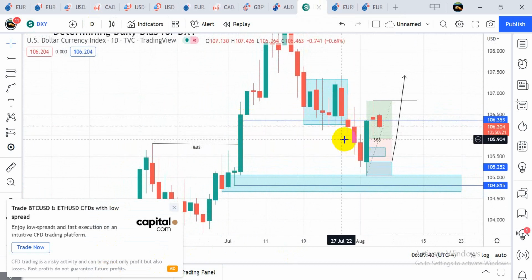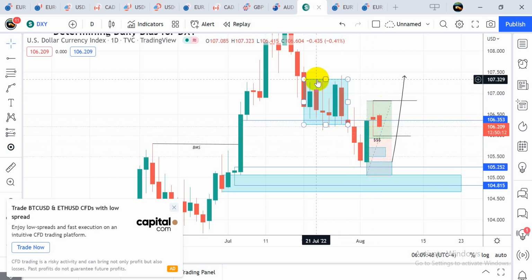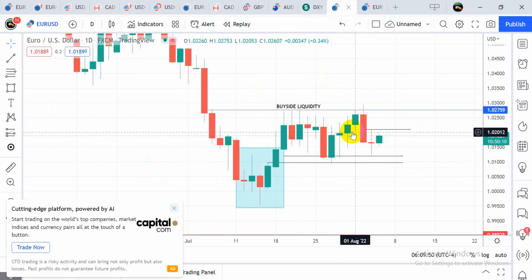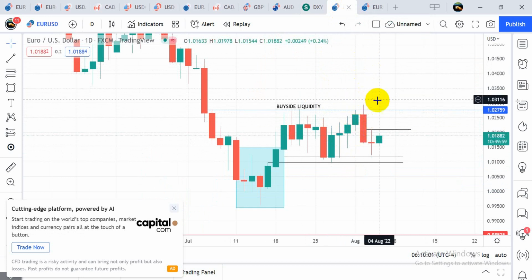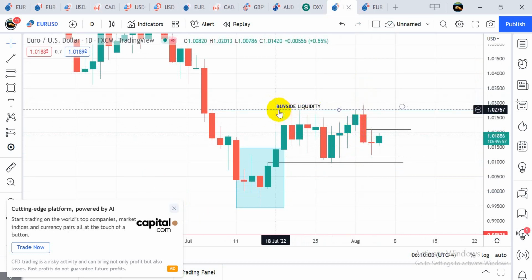Euro was just being neutral, consolidating, while DXY was fulfilling its own mission, filling up this gap and moving up. So the inverse was expected. I expected Euro USD to move up and do the same thing, but Euro didn't move so much. But it did what was expected of it anyway.